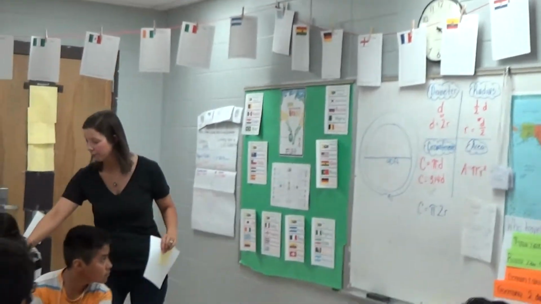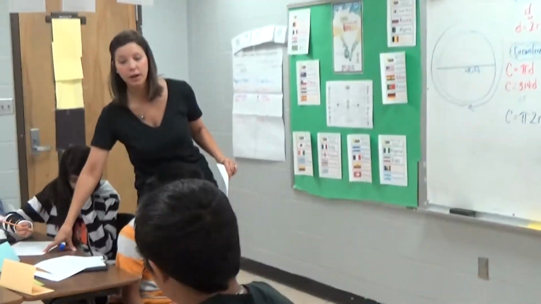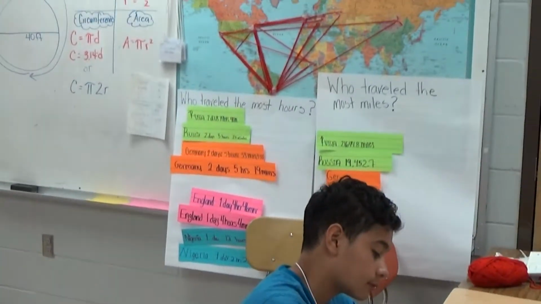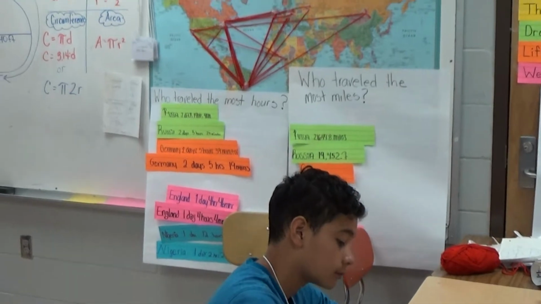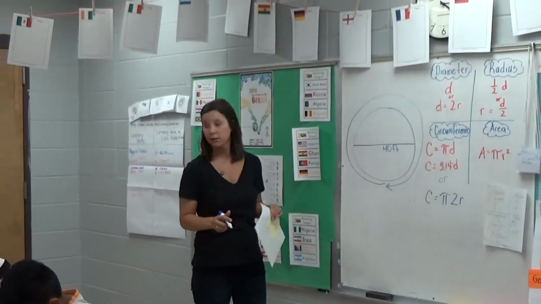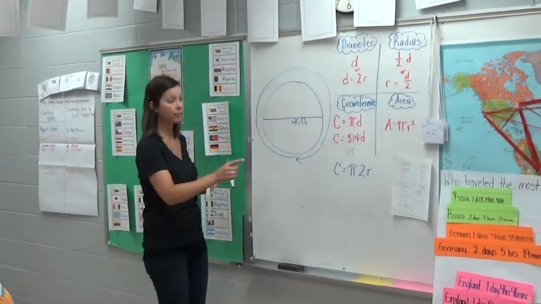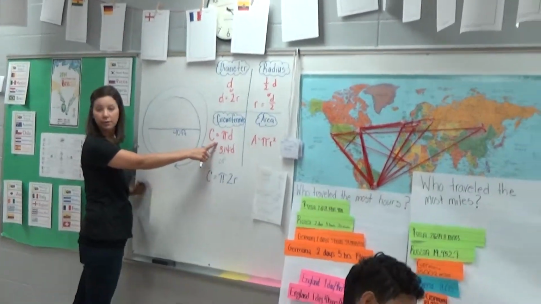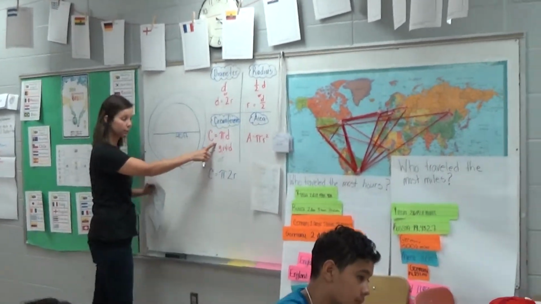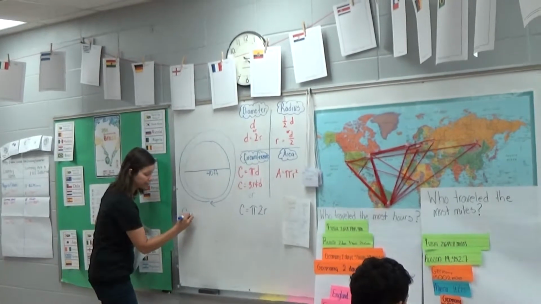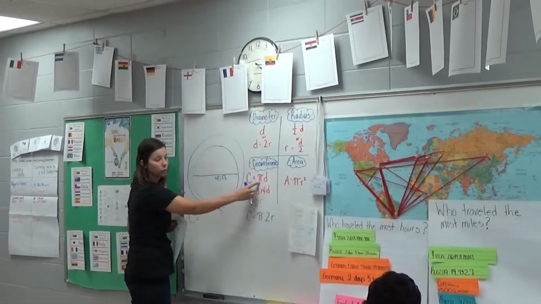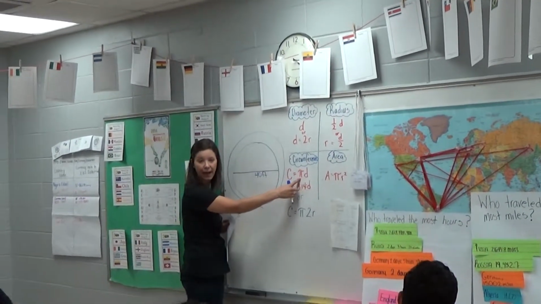So, on the line, we're going to write out our formula for circumference. On your line for number 1, where it says circumference, find it, and we're going to write out our formula. Let's look up here at Miss Clayton's formulas. The formula for circumference was, let's put circumference equals pi.